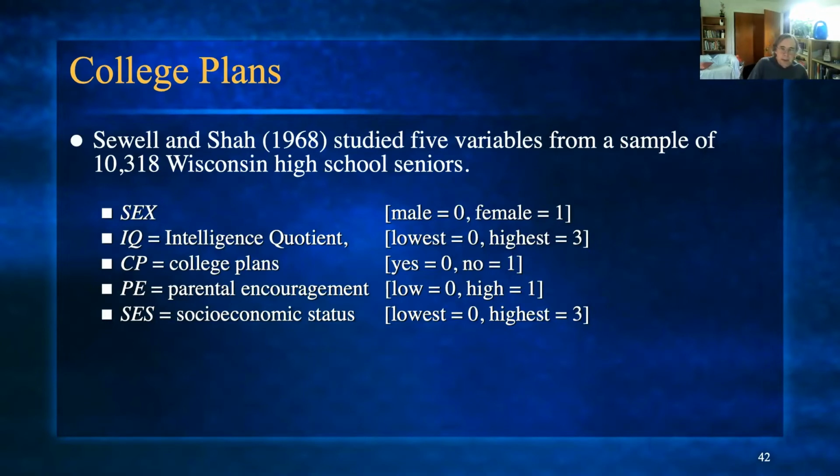All of those were taken to be discrete and ranging from 2 values to 4 values. At the time, there were many more men going to college than women, which is the reverse of the case now. So I doubt that this has anything to do with the current situation, but it had to do with the way things were in 1968.